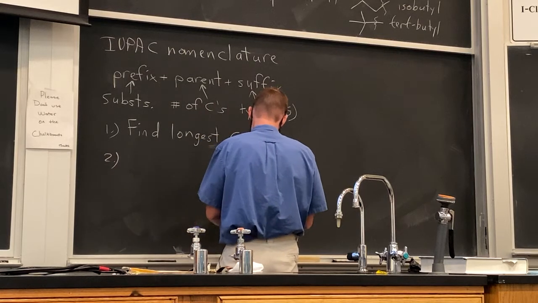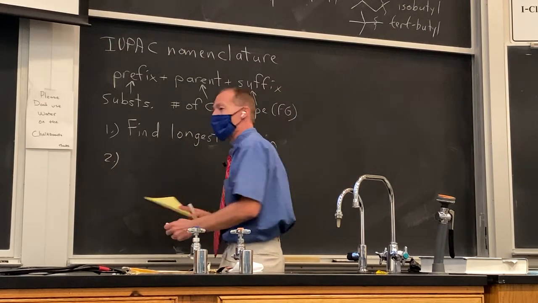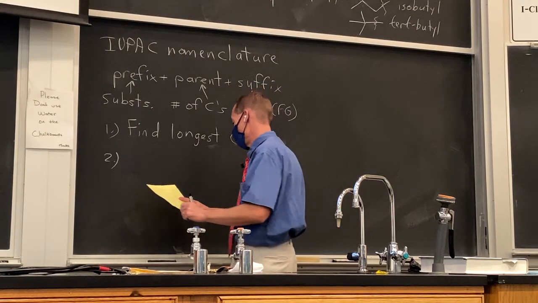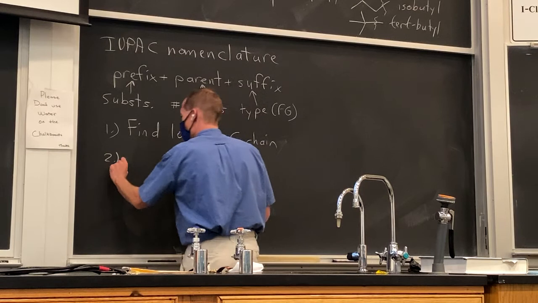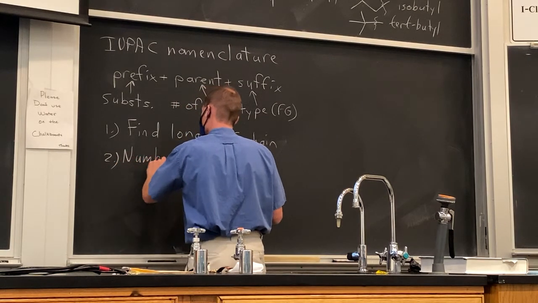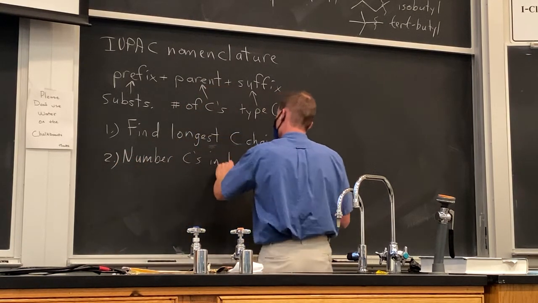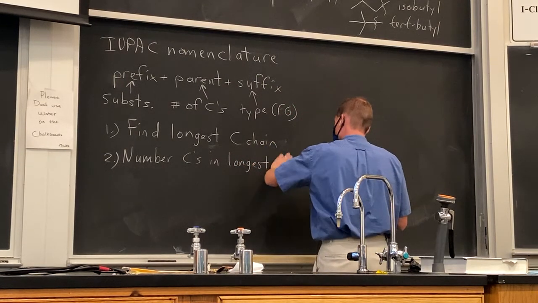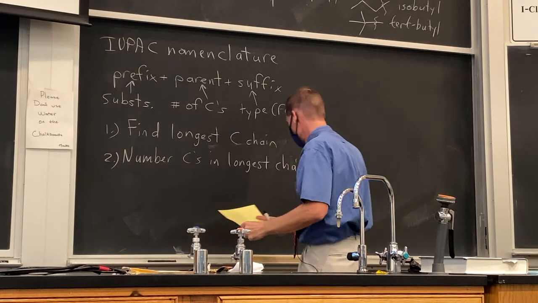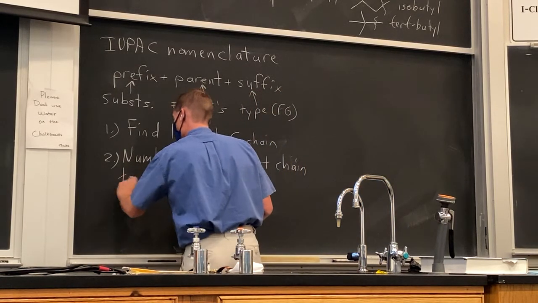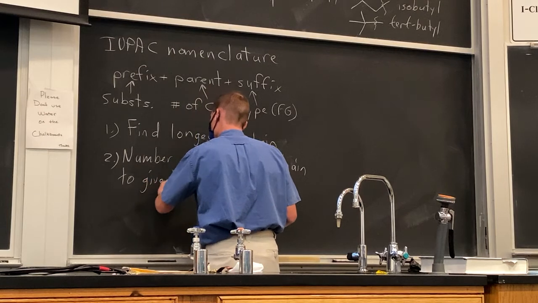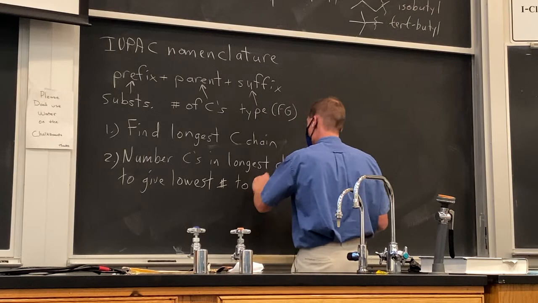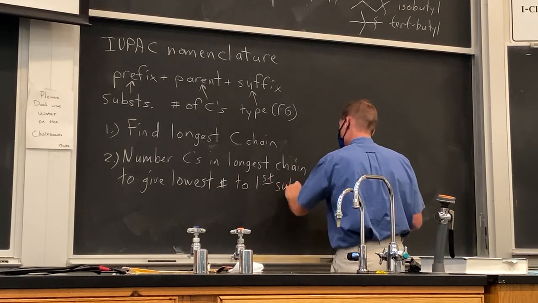So step 2, we have to number the carbons in our chain in order to describe where the substituents appear. Okay. So we're going to number carbons in the longest chain to give the lowest number to the first substituent.